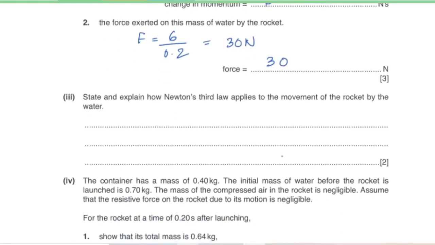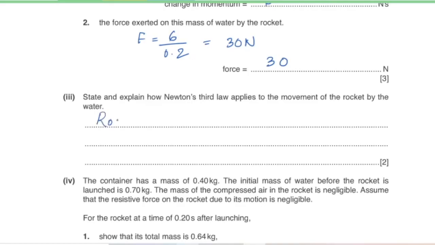Part 3, state and explain how Newton's third law applies to the movement of the rocket by the water. So here you have seen that this amount of force is being exerted on 0.46 kilograms of water by the rocket, means again the same amount of force will be exerted on the rocket by 0.46 kilograms of water, but in the opposite direction, and that's what explains Newton's third law.